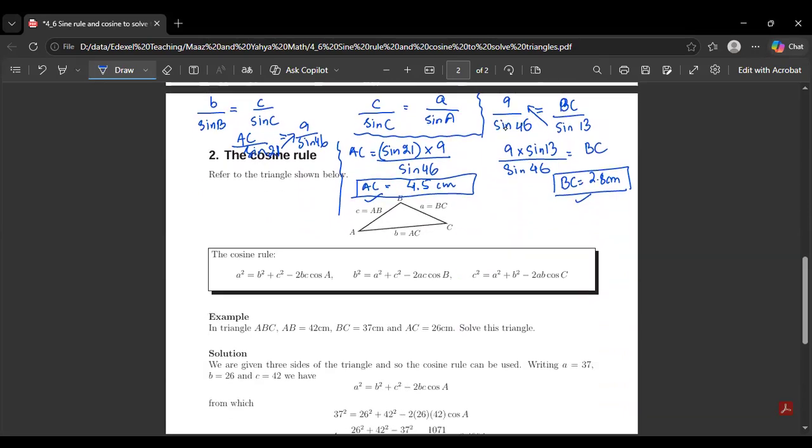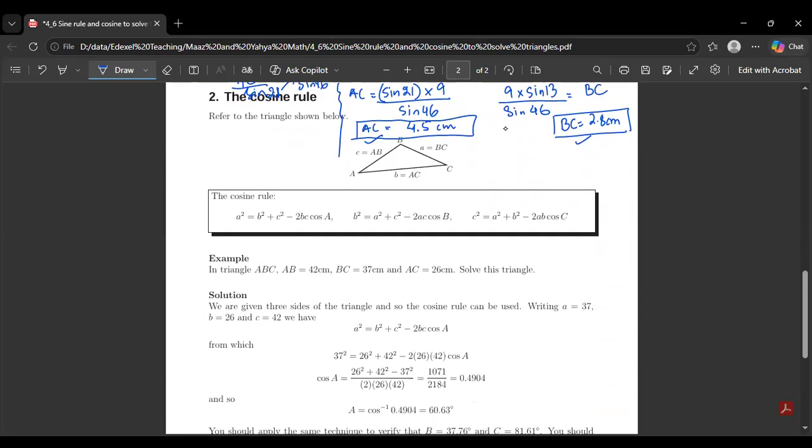Okay. Now we're going to work where we will be using the cosine rule, and you can see that the cosine rule can be written in different ways. Either you write it with a squared on the left hand side, or you can have b squared, or c squared at the left hand side.